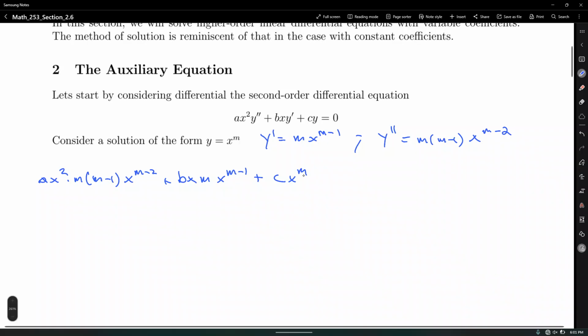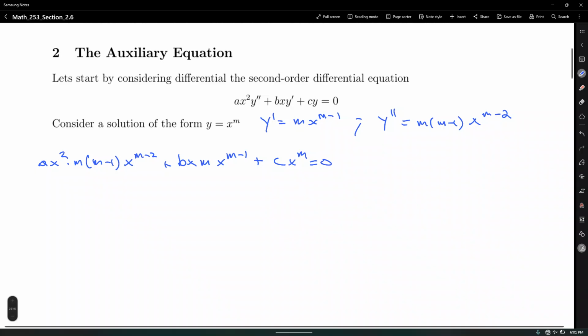Let that be equal to 0 for now. Let's simplify this equation. There's a lot we're going to do here. Number one, ax squared times m times m minus 1 x to the m minus 2. Do you guys agree that this is the same as x to the m times x to the negative 2? Plus bx times m x to the m times x to the negative 1, plus c x to the m equals 0.